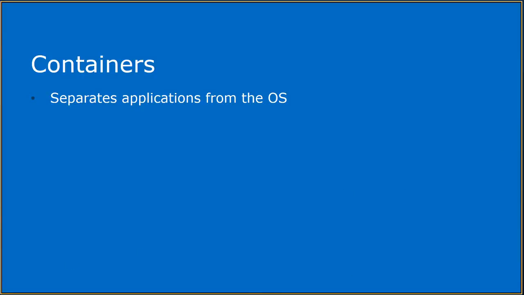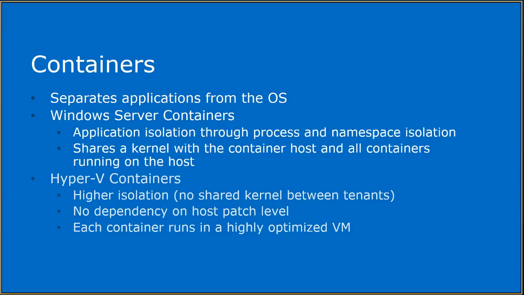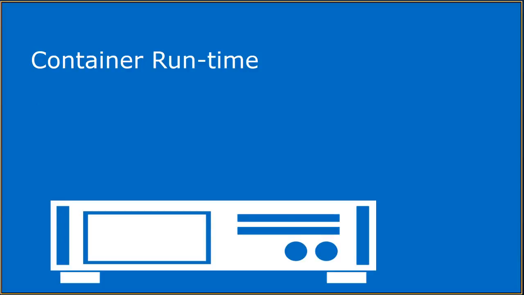It does micro-virtualization of the different applications, so it basically allows us to separate applications from the operating system. There's going to be two different types of containers. There's going to be a container that runs directly in Windows Server, and then there's going to be a container that runs within a virtual machine. We'll talk a little bit more about the trade-offs once we understand conceptually what exactly is a container.